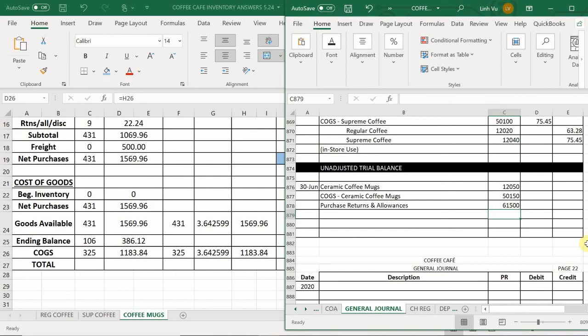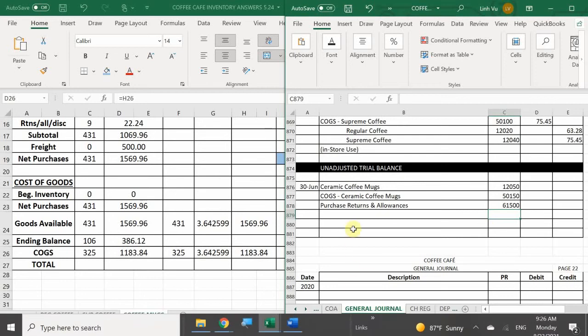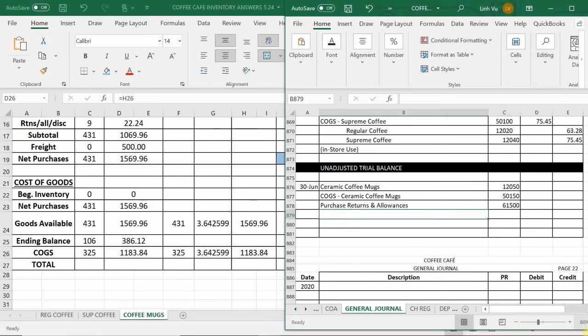What else are we going to also be recognizing? Our purchase expense and freight expense. Excellent, because that's the purpose of this journal right here: to convert everything we have in our purchase expense and our freight expense into inventory and our cost of goods sold.